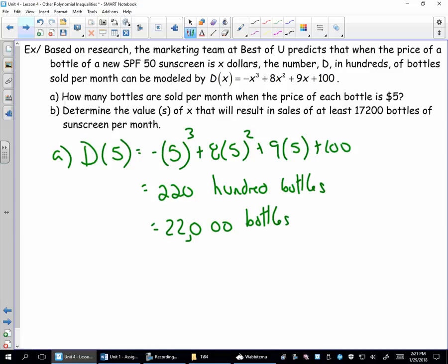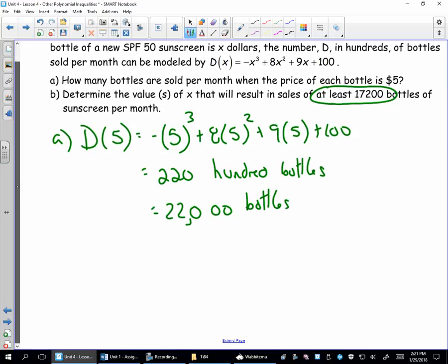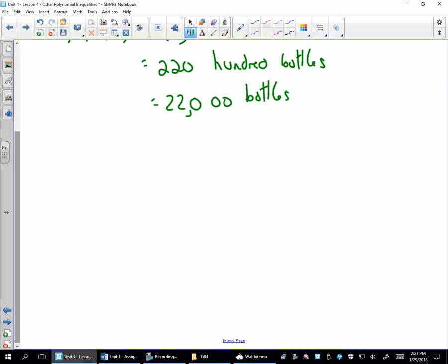Okay, part B, determine the values of x that will result in sales of at least 17,200 bottles of sunscreen. At least. In other words, greater than or equal to 17,200. So for part B I want my sales to be at least equal to 17,200, or, because it's in hundreds, 172.